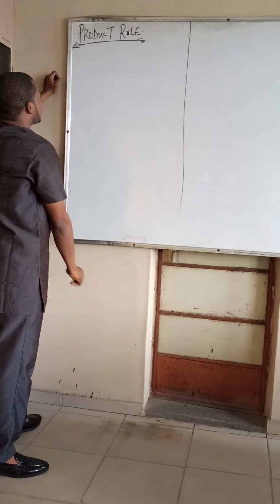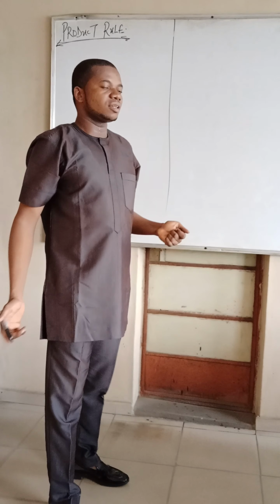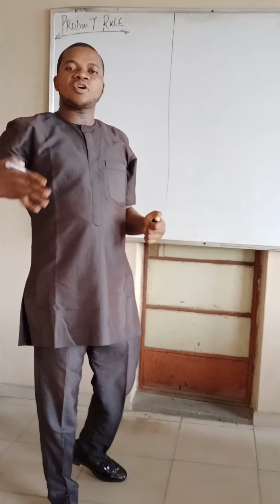So earlier on, I said product has to do with multiplication. Product is got when two or more numbers are multiplied together. Say a times a is a product of a squared. 20 times 20 is a product of 400. 7 times 7 is a product of 49. 10 times 10 is a product of 100.